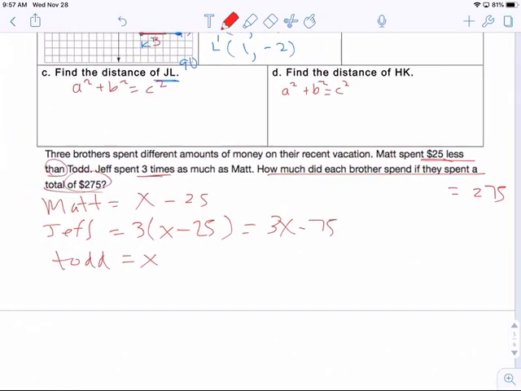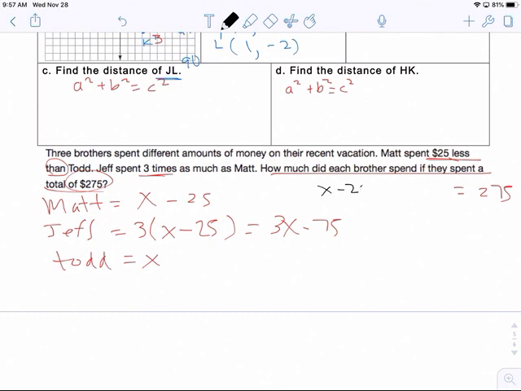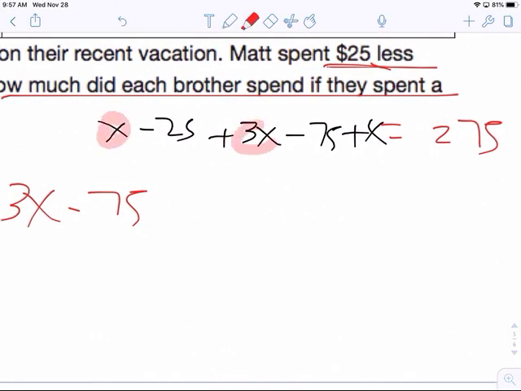So Matt, X minus 25. And then Jeff, 3X minus 75. And then Todd is X. Add them together. You got 1, 3, that's 4, 5x, and negative 100. Additive inverse.